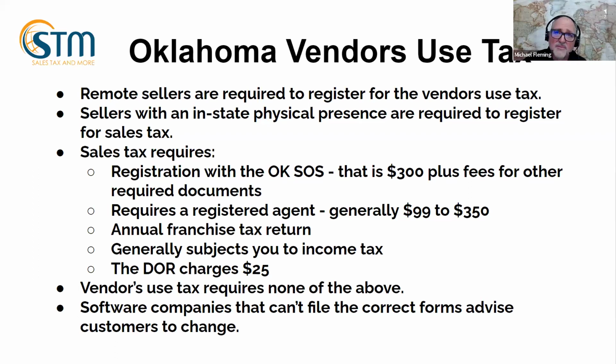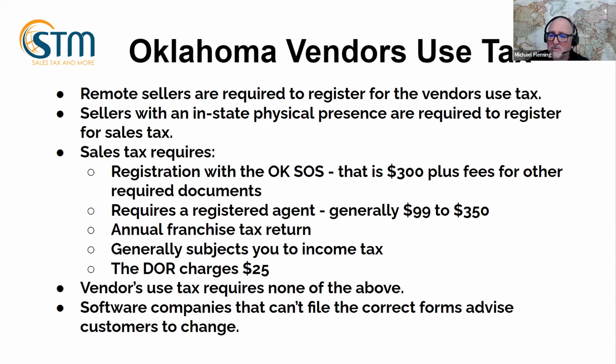Now, there are some software companies out there, and I don't know if they still have a problem. I think that they do, but let's throw the name out there: TaxJar. For those of you who have listened to me before, you know I have a love-hate relationship with the software companies. And I break them down into two tiers.